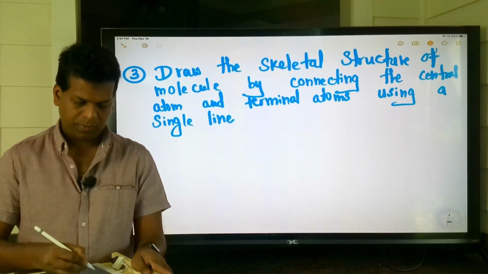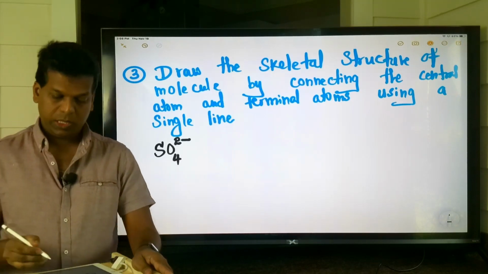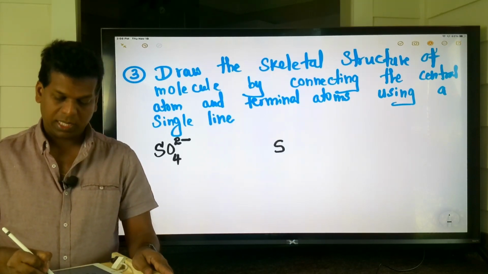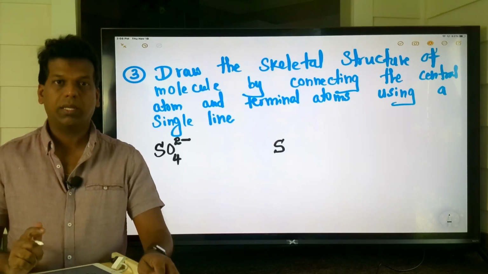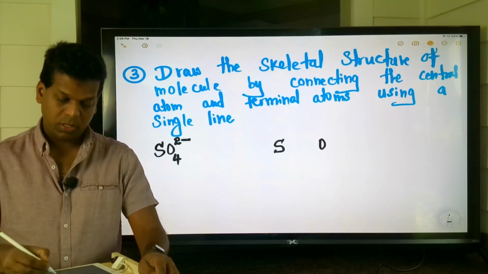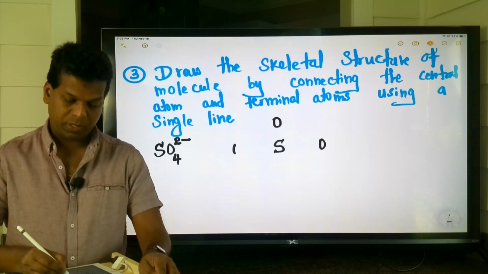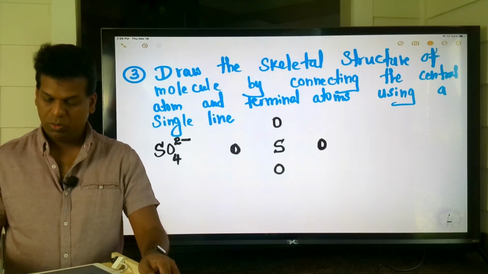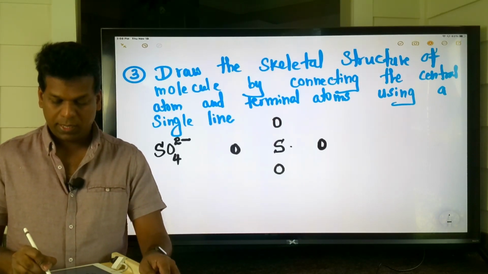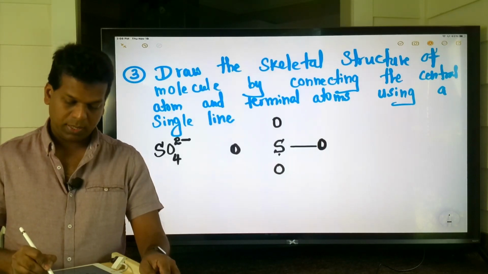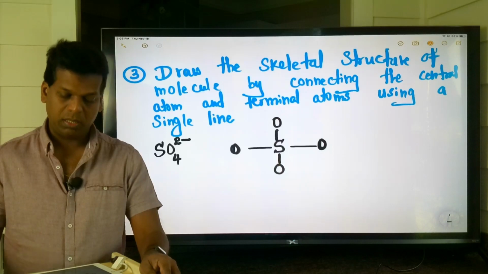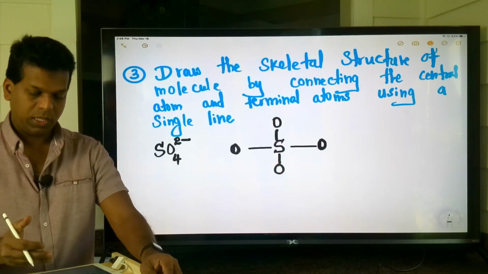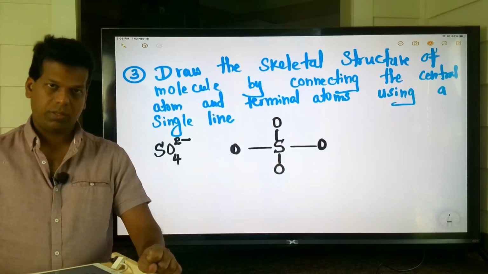Let's take this sulfate ion. We decided sulfur is the central atom. So there are 4 oxygens around it. This is 1, 2, 3 and 4. Then you create a single line between the central atom and your terminal atoms. Oxygens are the terminal atoms. So this is the skeletal structure.